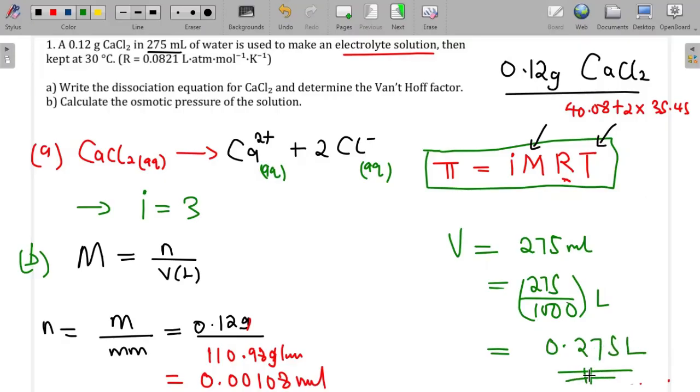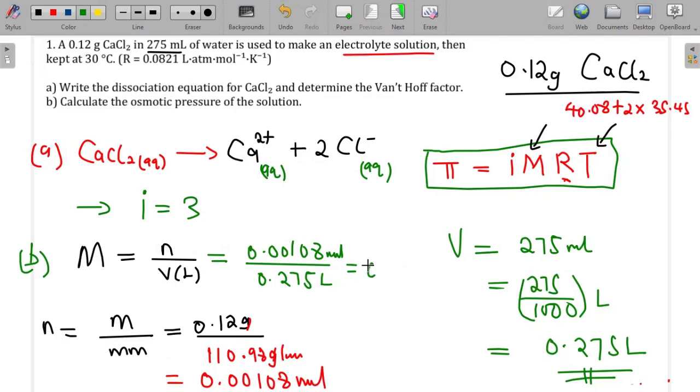Okay, so I have my volume and I have my moles, so I can now calculate the molarity. Molarity will be the moles divided by the volume in liters. So this is just going to be equal to what?